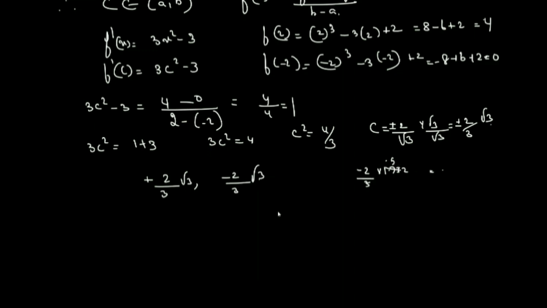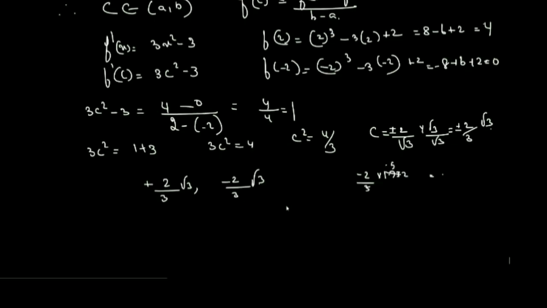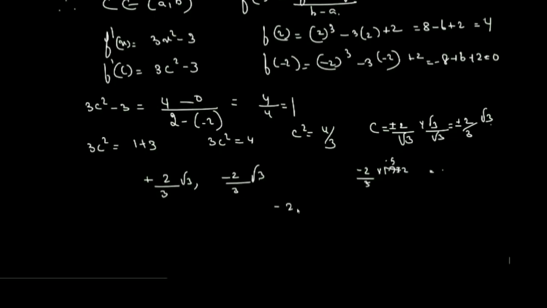The interval given here is minus 2 to plus 2. So this is minus 1 point something, and it belongs to this interval. And the plus one also belongs to this interval. So both plus or minus 2 by 3 root 3 belong to the interval minus 2 comma 2.